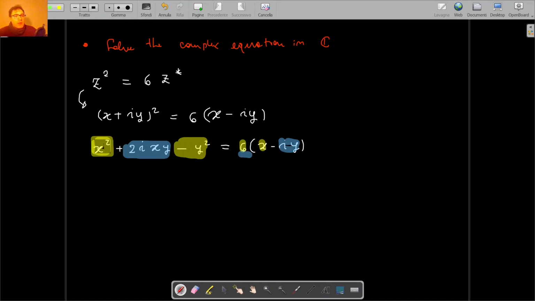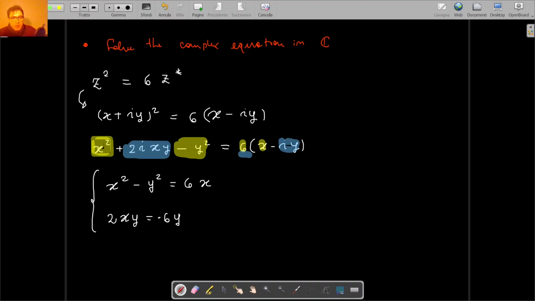And so we can write this system of simultaneous equations. These are two equations, one for the real part and one for the imaginary part. So for the real part we have x squared minus y squared is equal to 6 times x. Perfect. And then for the imaginary part we have 2 times xy is equal to minus 6 times y.